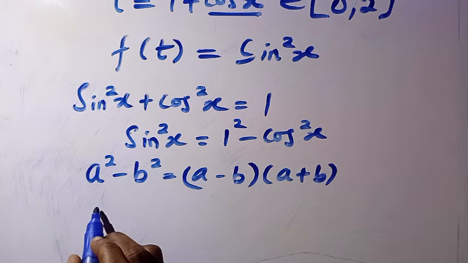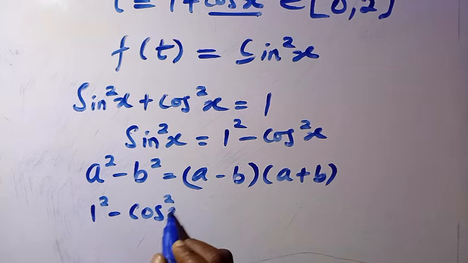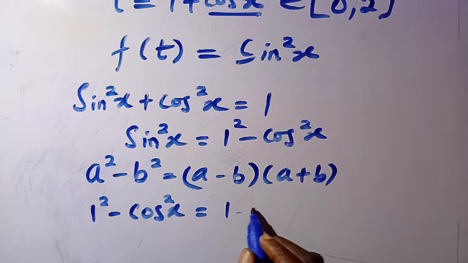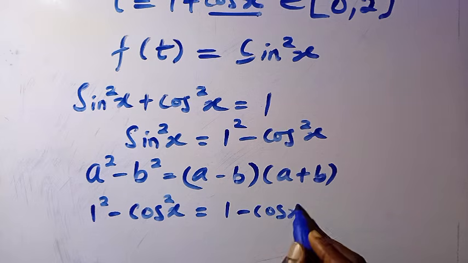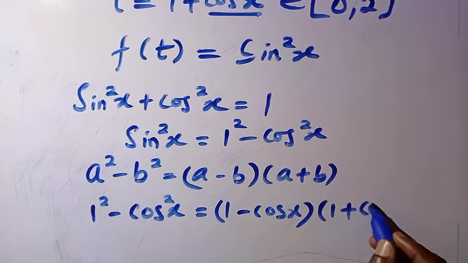So applying this, we have 1 squared minus cos squared x, which gives us 1 minus cos x multiplied by 1 plus cos x.